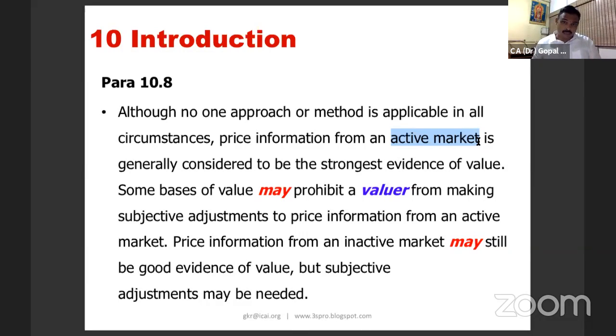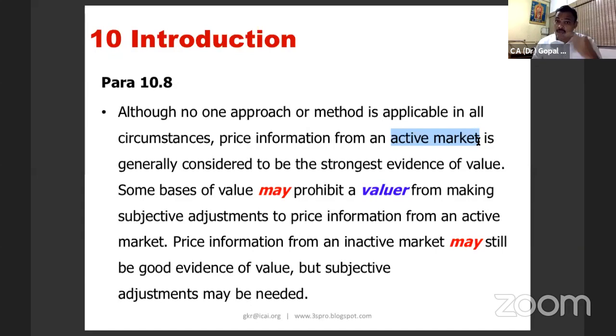The other two markets are the principal market as well as the most advantageous market, which we use for fair value purposes. But with respect to the valuation methods, take information from an active market, generally considered to be the strongest evidence. Okay, please. And this is a prescription by the standard itself.